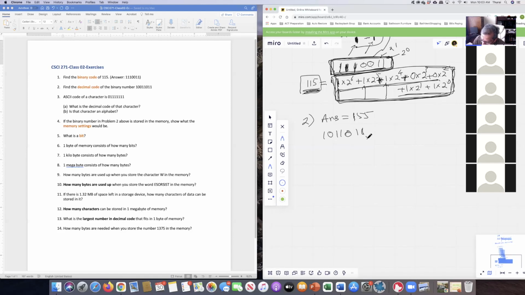This last one represents 1 times 2 to the 0. So when you start at the last one, it'll be easier. The next one is 1 times 2 to the 1, this one. And the next 2 are 0. The next one is 0, so it's not going to contribute anything, but I'll write it down just to show you.